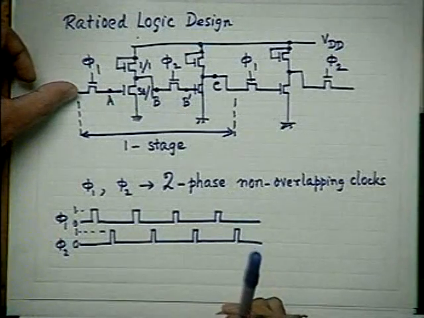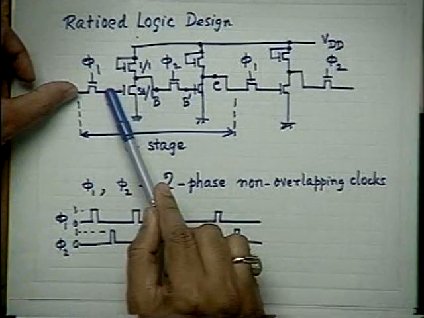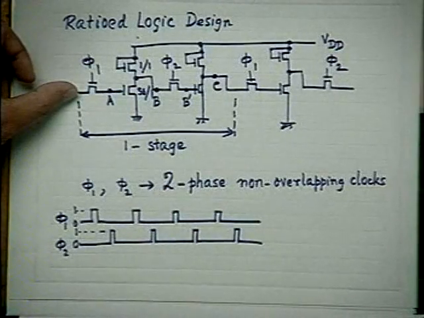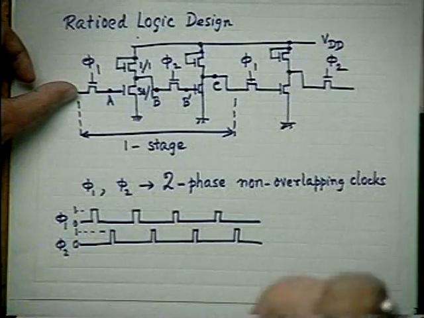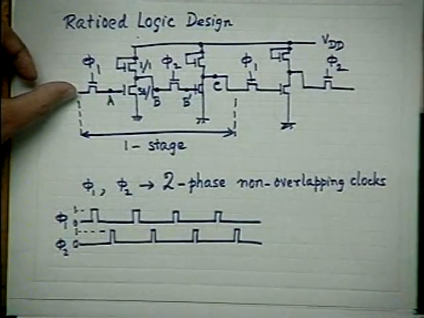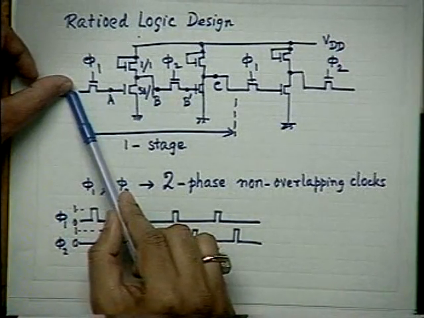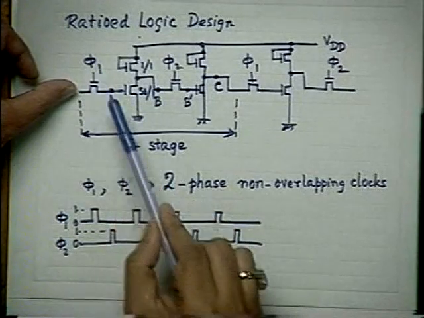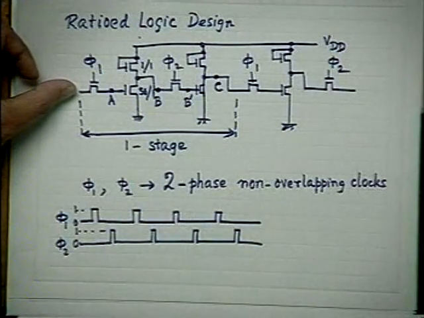If the clock frequency is higher than a certain value, then there is no problem. The level at any point will be retained over that period of time, called clock duration, clock period. So if it is 1, when phi 1 is 0, A will remain in the earlier state.